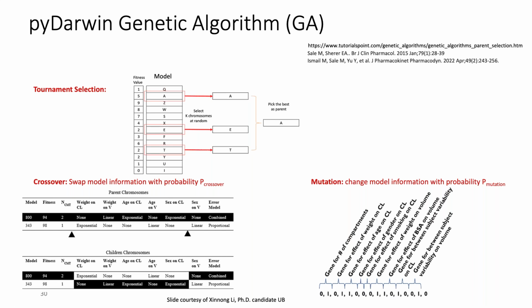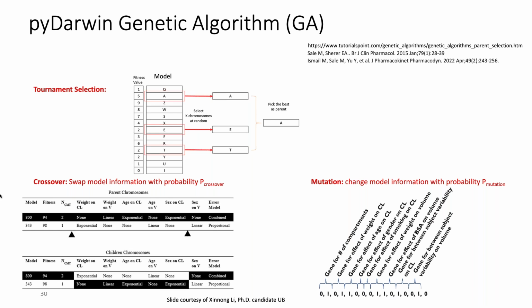This is illustrated here in the top panel. You see that there are two triangles illustrating the cut points for the crossover, and then these materials are exchanged.